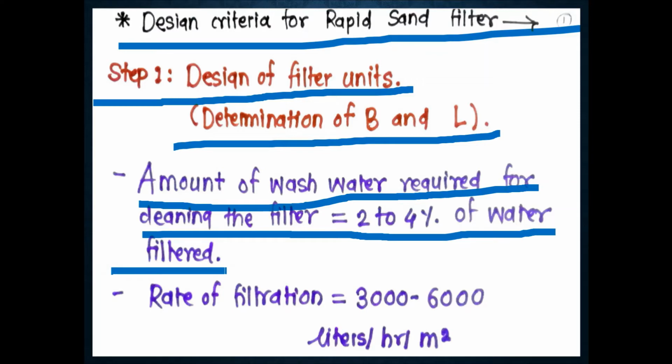Means out of the total water filtered, you have to keep aside 2% to 4% volume of the total filtered water for back washing purpose, because in the rapid sand filter we have seen cleaning is done with the help of back washing.